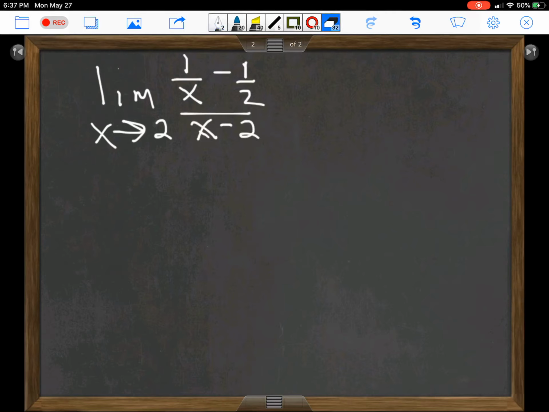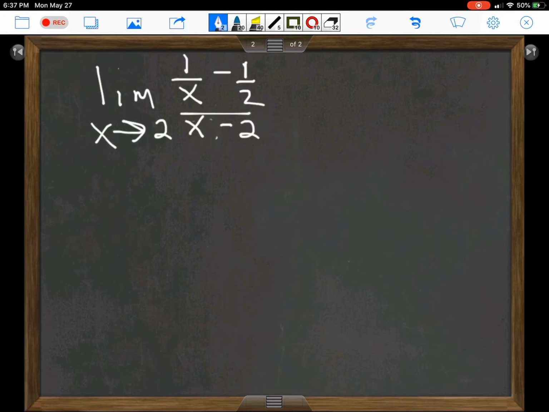Let me clean this up a little bit. Now here we're going to use some extra steps. I've already reviewed in previous videos the fractional method for doing a problem like this. So when we look at a problem, we ask ourselves, do we factor? Do we use some other algebra? If we don't see radicals, we don't use conjugation.